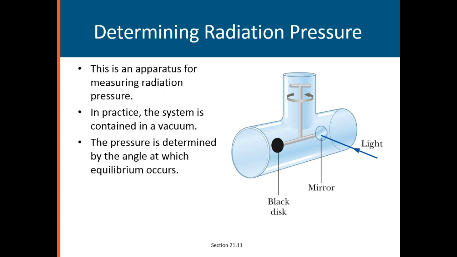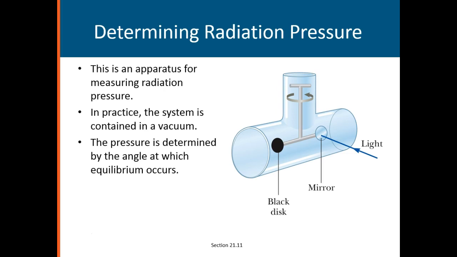Okay? Now, how do we do radiation pressure? This is the figure at the bottom of page 708, figure 21.22. This is the apparatus for measuring radiation pressure. In practice, the system is contained in a vacuum. There's no such thing as a perfect vacuum, but as much as we can get. In practice, the pressure is determined by the angle at which the equilibrium occurs.